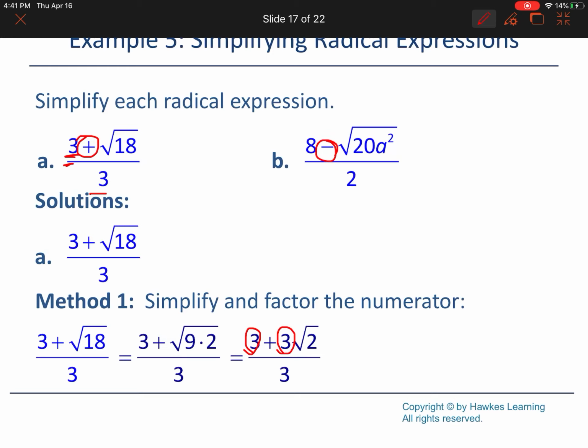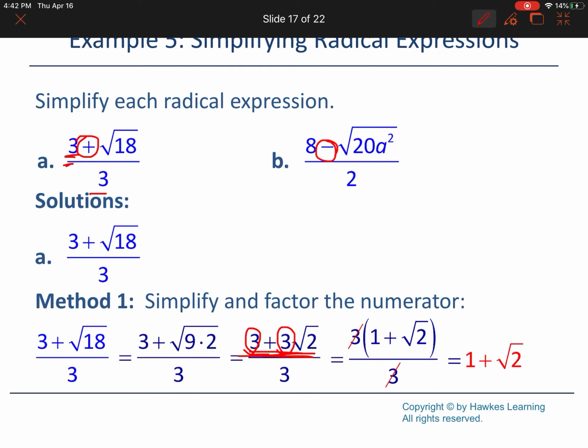And my goal in factoring is so that I can reduce, right? Because once I factor, then I can reduce. And I get the 1 plus the square root of 2. If you're ever going to simplify by reducing, it has to be in both of them so that you could factor it out and cancel it. You can never cancel when there's an add or subtract.